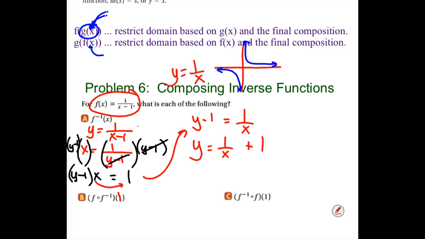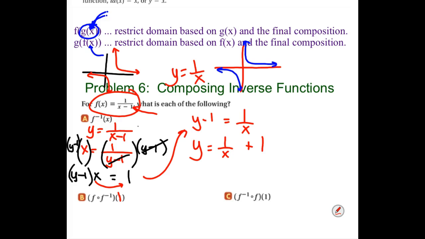Okay. What did we do? What kind of transformation would this minus 1 have done to that? It's in with the x, correct? Numbers in with x, move it left and right. So this moves it right 1. So my picture for the original function, we've moved it right 1. So now we're going to have a picture like this. The whole thing's just been shifted to the right 1.